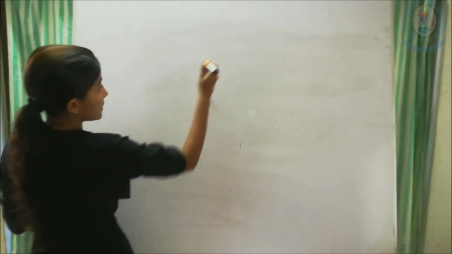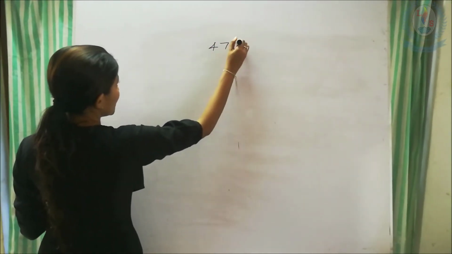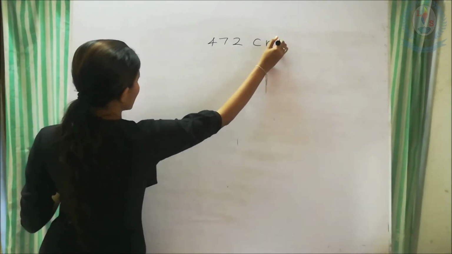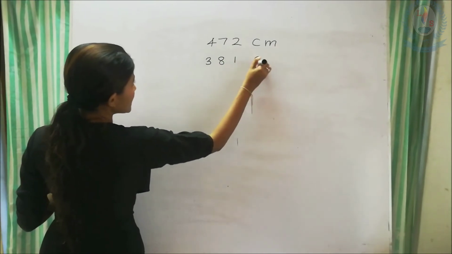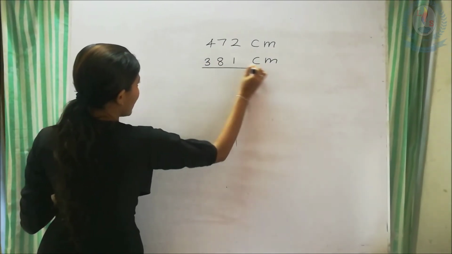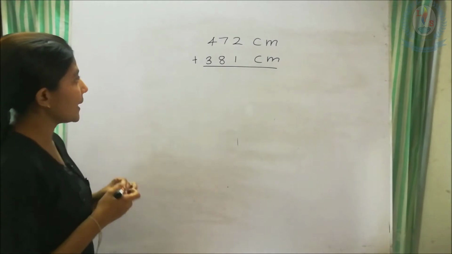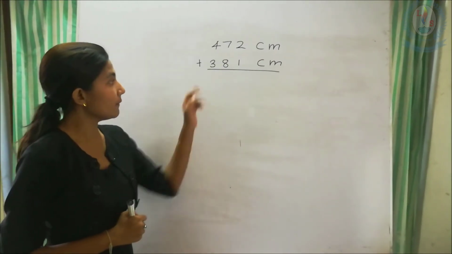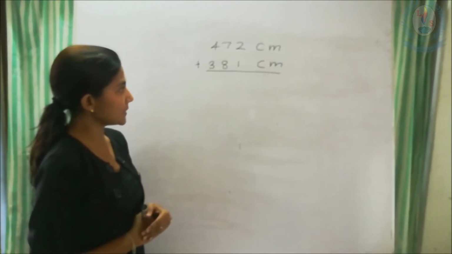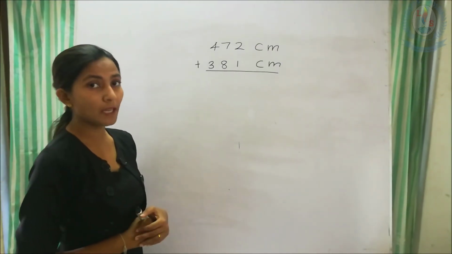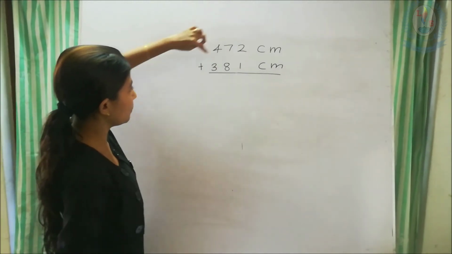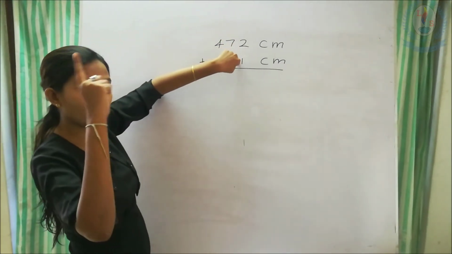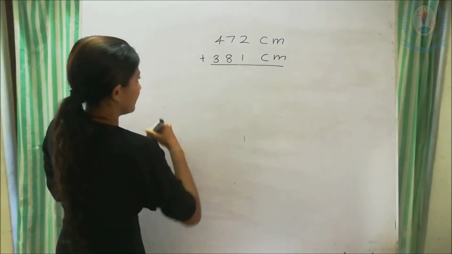Okay, we'll try another one with centimeters. 472 centimeters and 381 centimeters. We have addition. 472 centimeters, 381 centimeters, both in the same units. 2 in your mind, 1 finger, 2 plus 1 is 3.